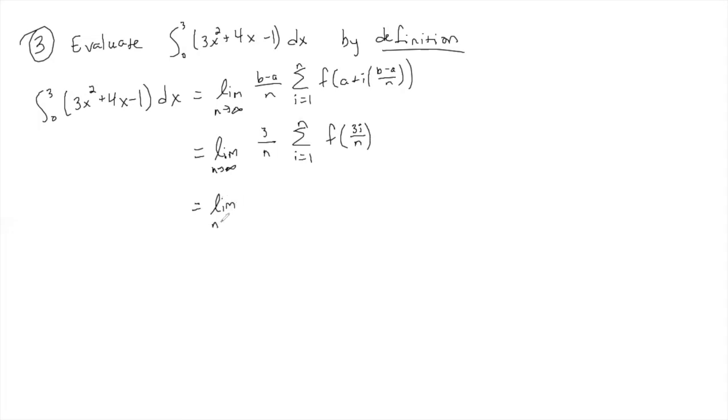I get the limit as n goes to infinity of 3 over n times the sum i equals 1 to n of now 3 times (3i over n) squared plus 4 times (3i over n) minus 1. That's all on the inside.